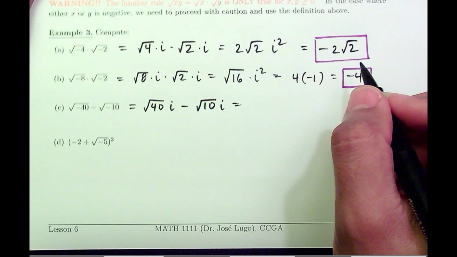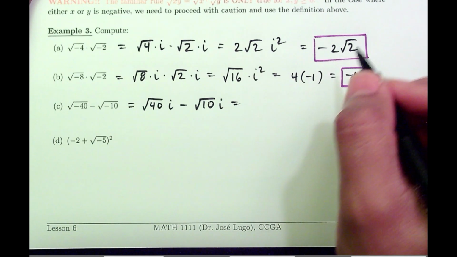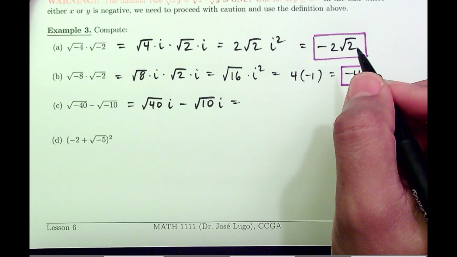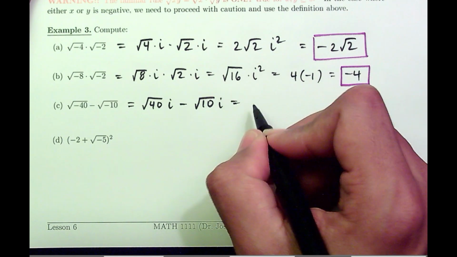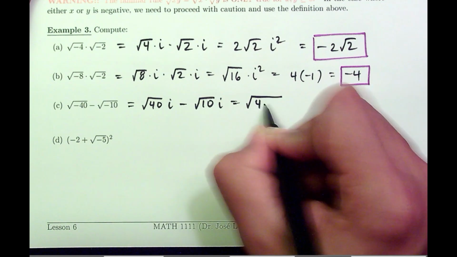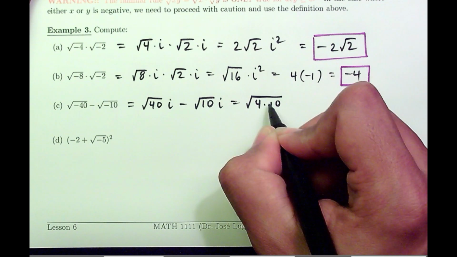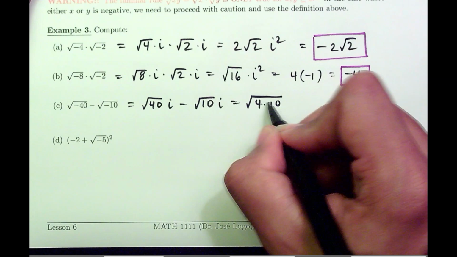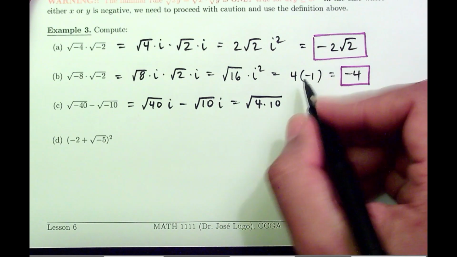Okay, and now you simplify this if you can. Square root of 40 can be simplified by breaking it up into square root of 4 times 10. So 40 is 4 times 10, and 4 has a square root that is a whole number, so that's why we break it up like that.